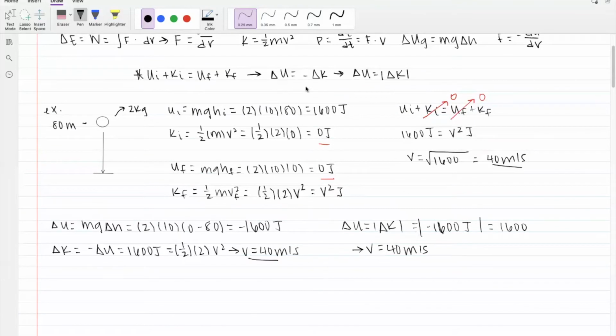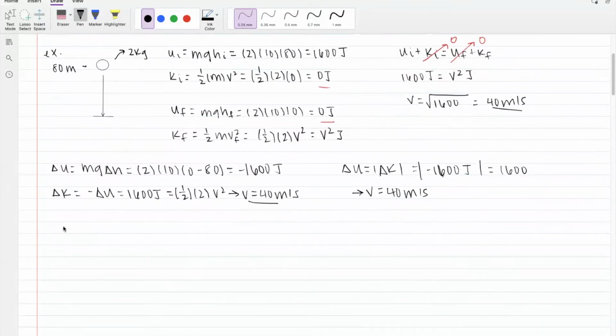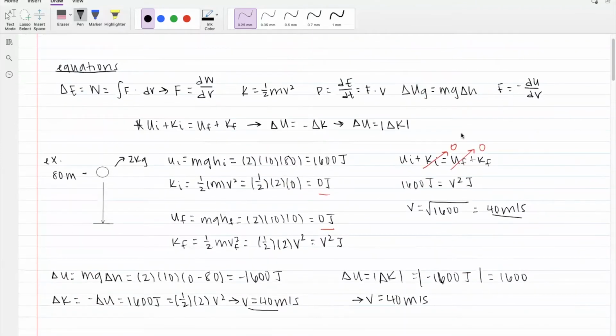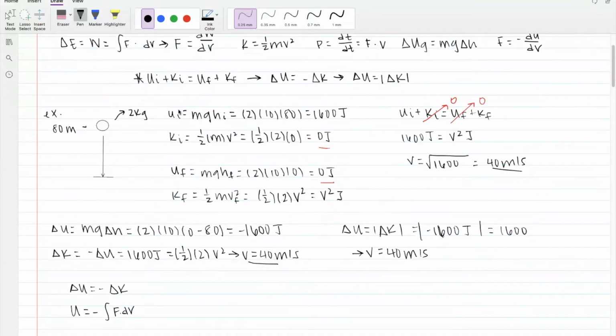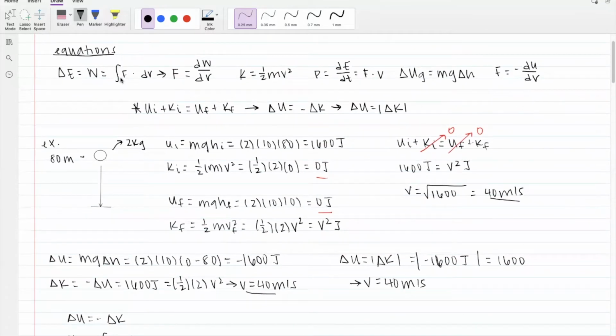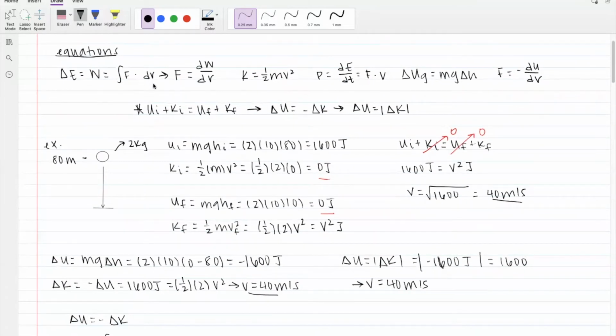The one really important thing about this equation, delta U is equal to negative delta K, is that we can derive the force equation. If delta U is equal to negative delta K, then U is equal to negative F times the differential distance, because we have work is equal to F times the differential distance, and work is the same thing as kinetic energy.